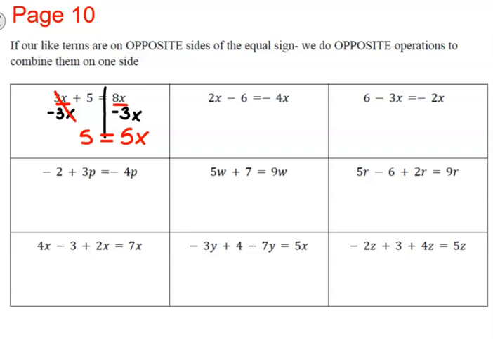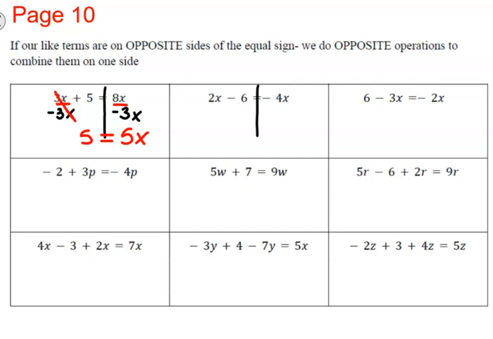For today, we're just going to worry about getting the like terms together. I don't have to worry about continuing to solve, but if you wanted to, we could keep solving and get an answer for x. If we take that same approach, it helps to draw your line where your equal sign is so I can see what's on each side. I have a 2x and I have a negative 4x. We don't want one of our sides to become 0.